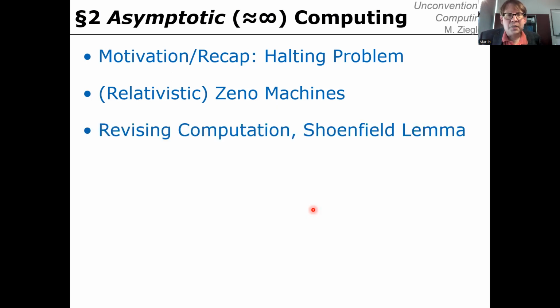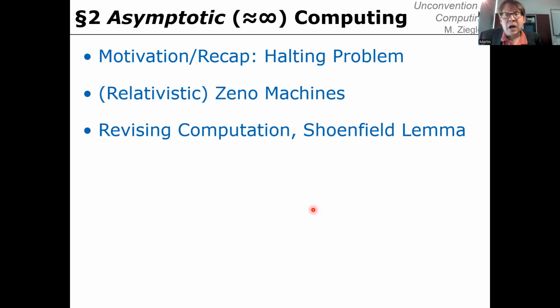Then we discussed theoretically what is the power of such an infinite computation, depending on how often such an infinite computation is allowed to revise its output. Since it keeps computing, it can change its output from yes to no, or from no to yes, once or twice or finitely often.